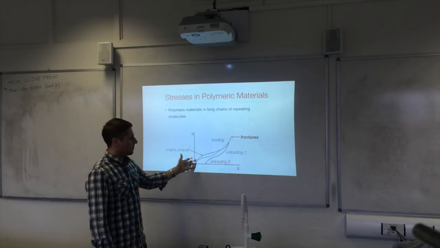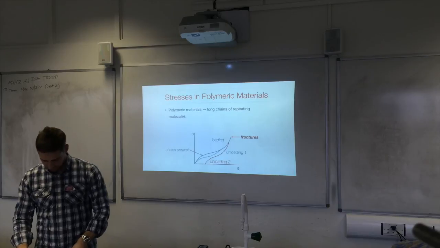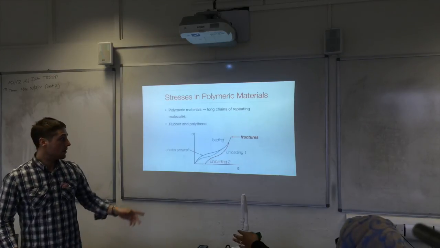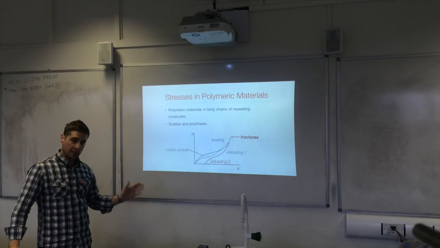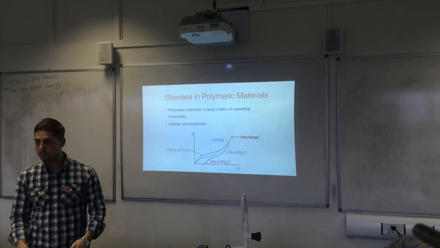So those are possibilities for loading and unloading polymeric materials. Two materials: rubber I mentioned, that's a natural polymer, and polythene is a synthetic polymer.